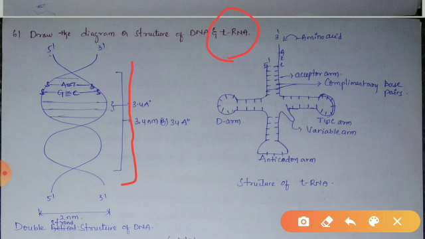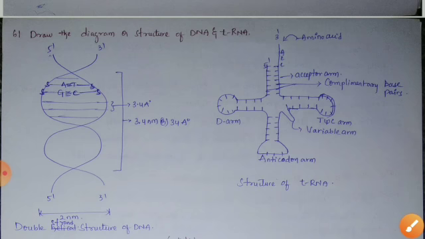Each base pair has a spacing of 3.4 angstroms. The width of the DNA is 2 nanometers. One DNA strand starts from 5 prime, and the other strand starts from 3 prime.